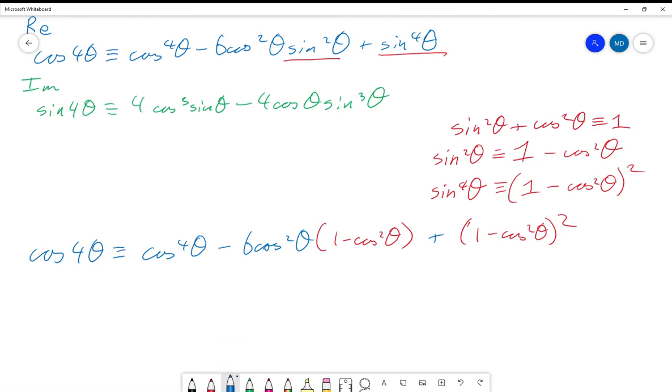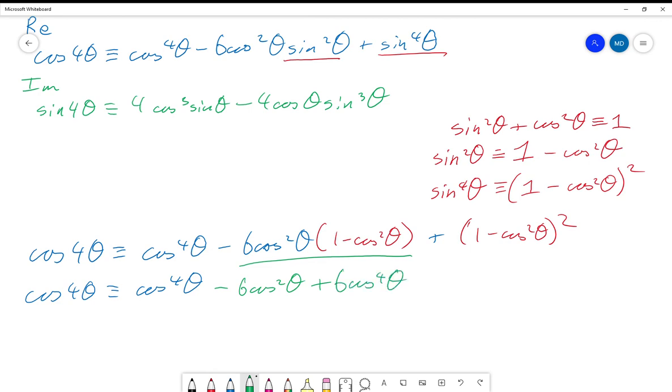And then I just need to expand these brackets. Cosine of 4 theta is going to be cosine to the power of 4 theta, minus 6 cosine squared theta times 1, which is 6 cosine squared theta. And then 6 cosine squared theta multiplied by cosine squared theta, and negative times a negative gives us a positive, so we get 6 cosine to the power of 4 theta. And then adding on the end, we get plus 1 minus 2 cosine squared theta, because notice we have to expand this bracket, plus cosine to the power of 4 theta.